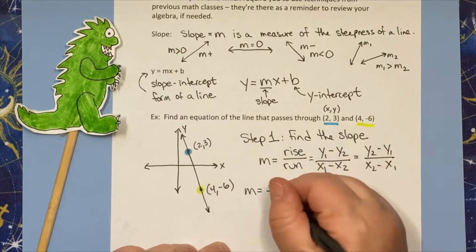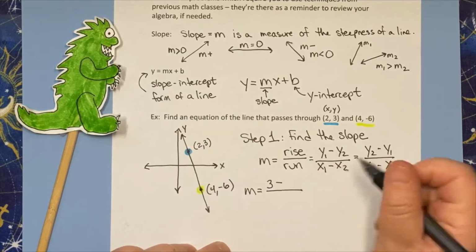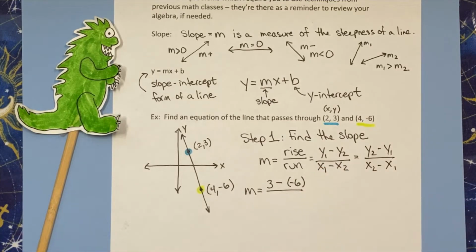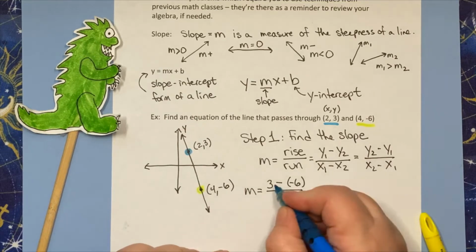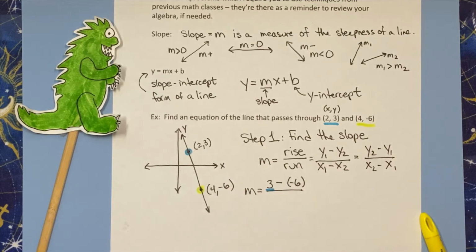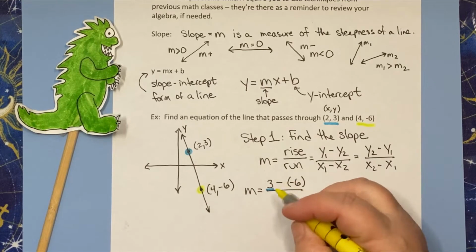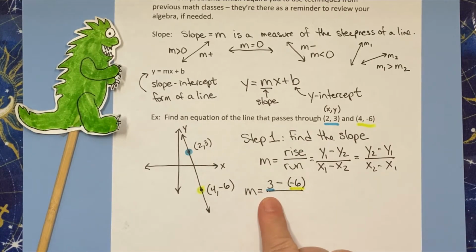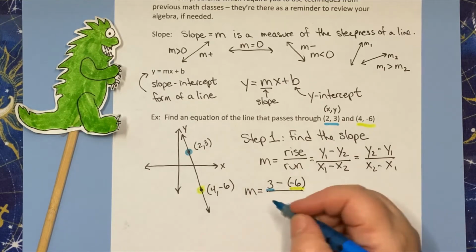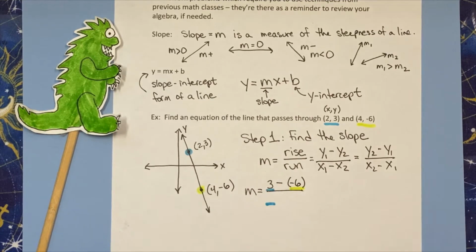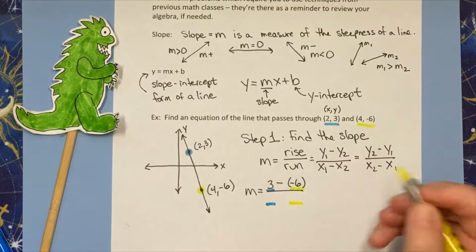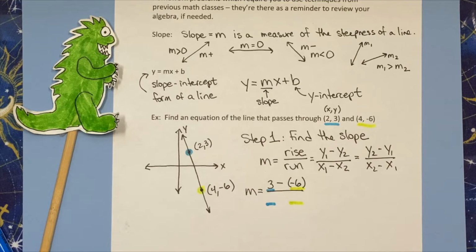I'm going to pick 3, and I'm going to subtract the other y value, which is -6. Now 3 comes from the blue point, so I'm going to make a note of that here. And the -6 comes from the yellow. Now, since I started with the blue point on top, I have to start with the blue x down on the bottom and then finish up with the yellow x down on the bottom.